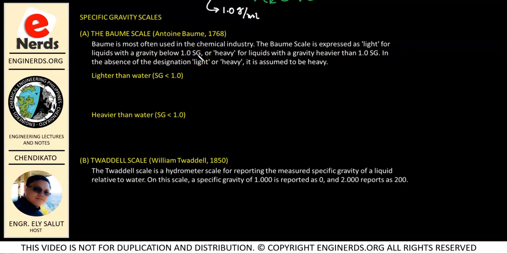Kapag below 1.0 yung specific gravity natin, it is regarded as light. And it is regarded as heavy for liquids with specific gravity heavier than 1.0. But in the absence of the designation kung light or heavy, it is assumed to be heavy.